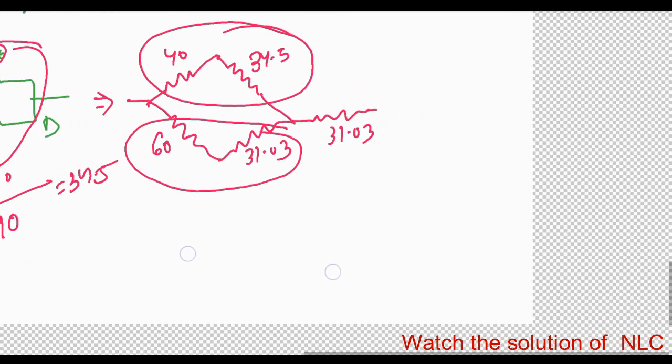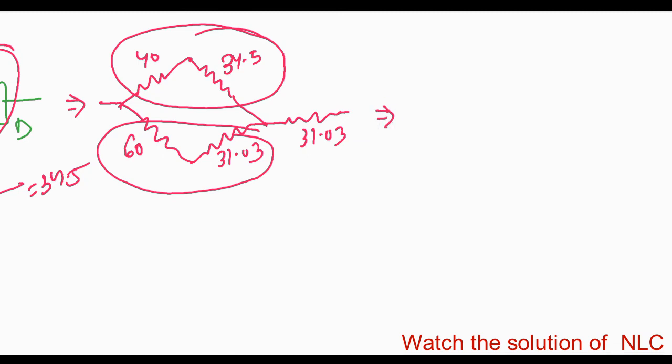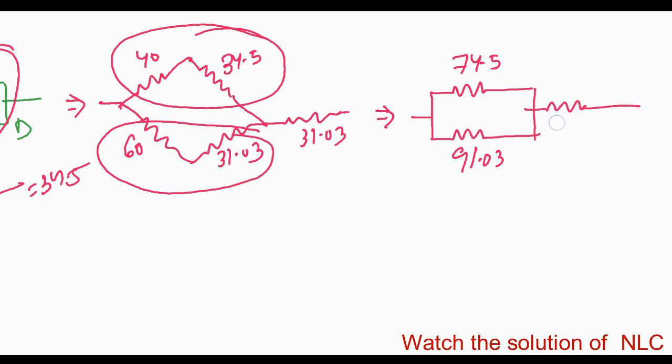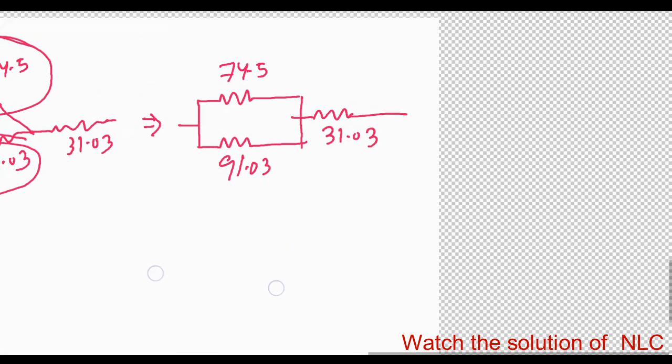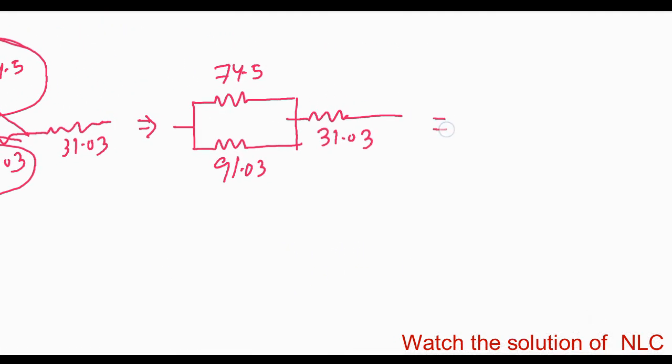So now we can represent this one like this, and this one will be 40 plus 34.5, that means 74.5 ohm, and this will be 60 plus 31.03, that means 91.03, and this will be like this, 31.03. So if we calculate the series, this will be again represented like this.